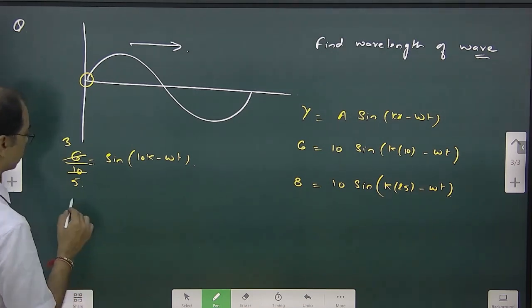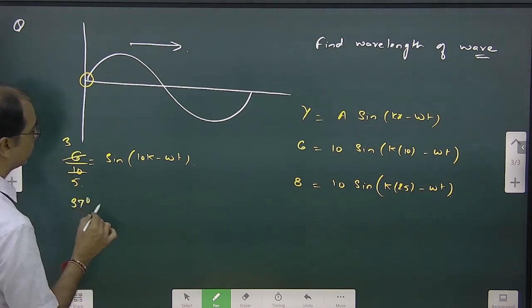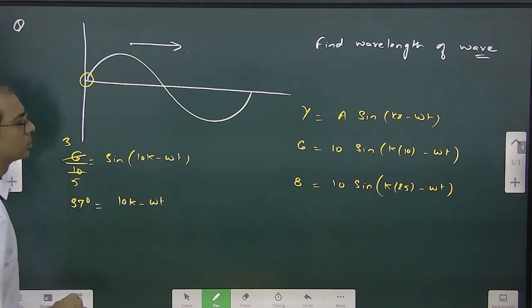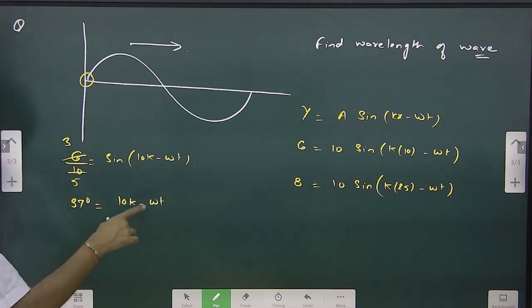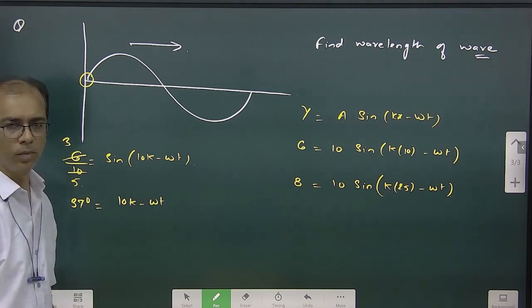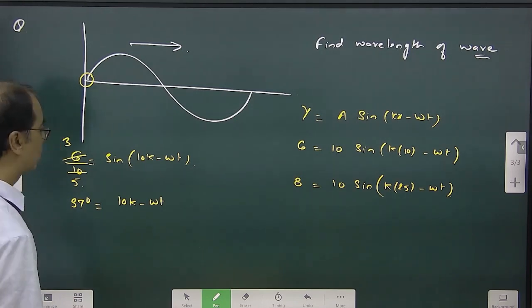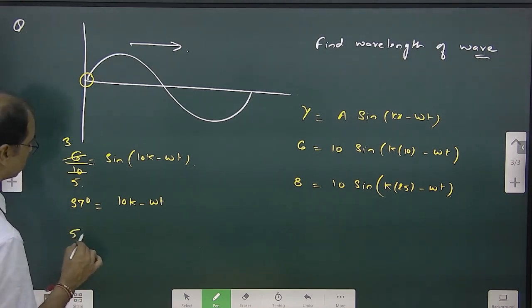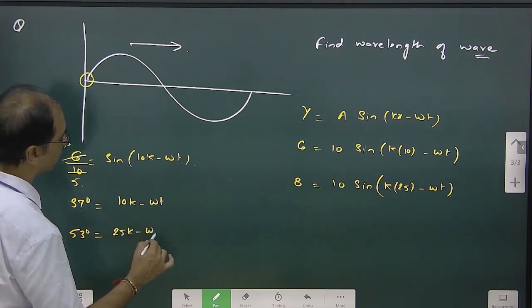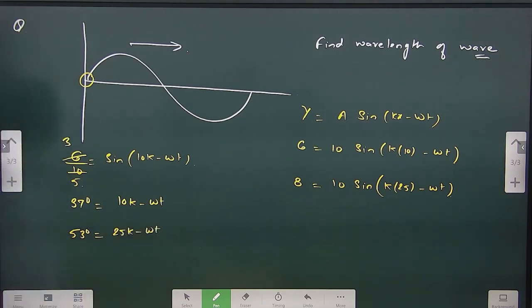Okay. This is 37 degrees. 37 degree equal to 10k minus omega t. Fine. Same way this also we can do. 8 by 10. 8 by 10 means 4 by 5. 4 by 5 means 53 degrees. So this is 53 degrees is equal to 25k minus omega t. Right or not? This we got 10k minus omega t.